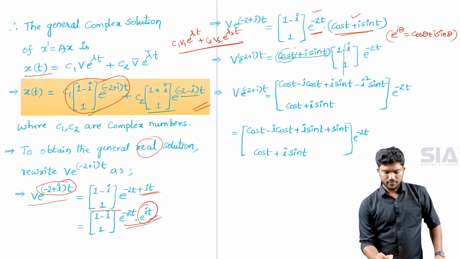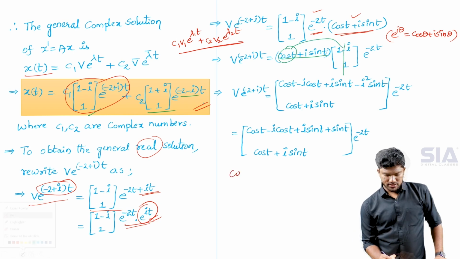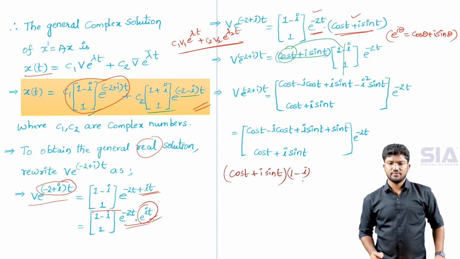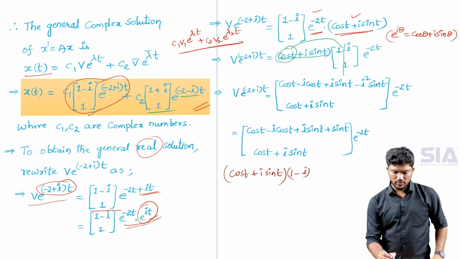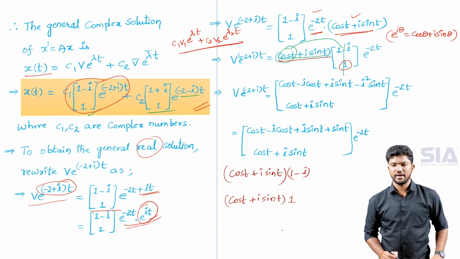So here, in this format, cos t plus i sin t into 1 minus i is the first row value, and the second row value is the same, cos t plus i sin t into 1.